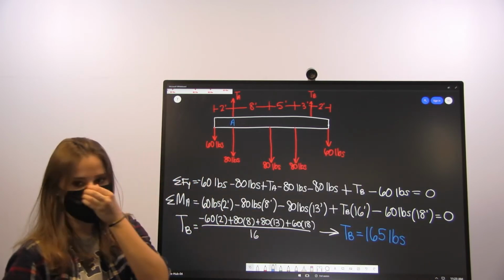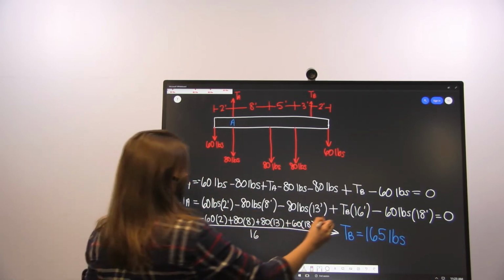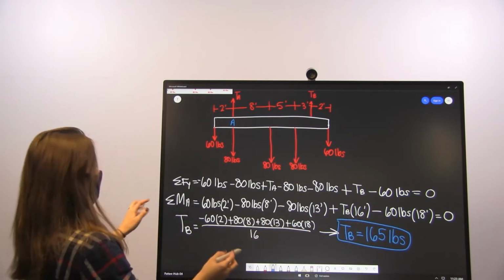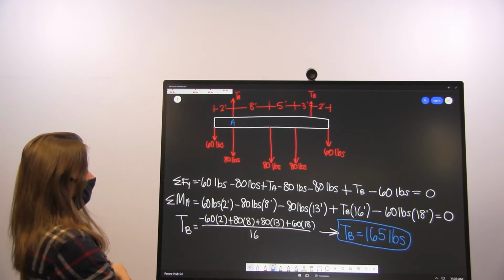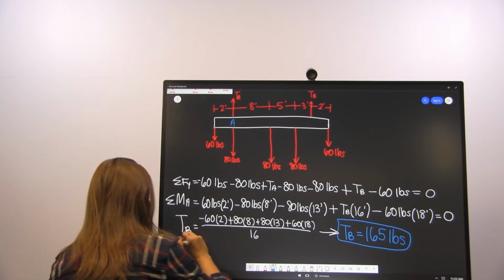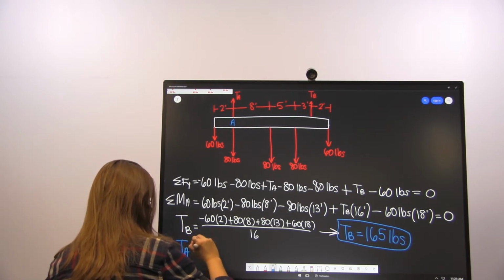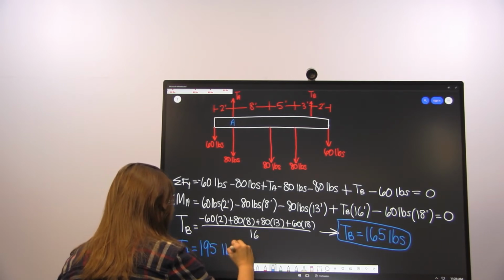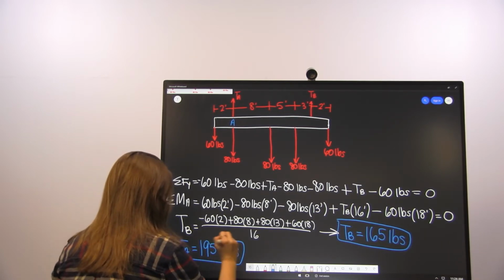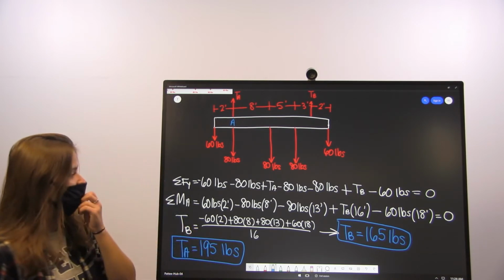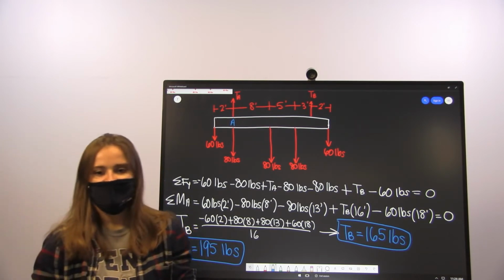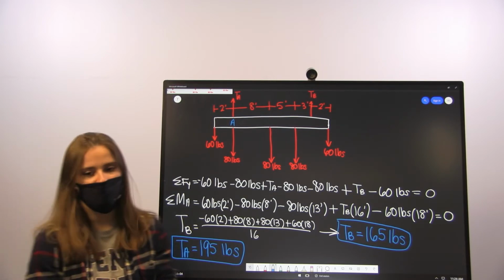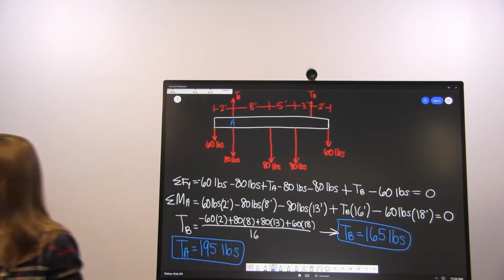So that's what that gives us, and we're going to plug that into our net force in the y equation to get tension A, and when we do that, we get tension A is equal to 195 pounds. So those are going to be important. We're going to want to make sure that we're using those in our moment and shear diagrams. So from here we can move on to those.